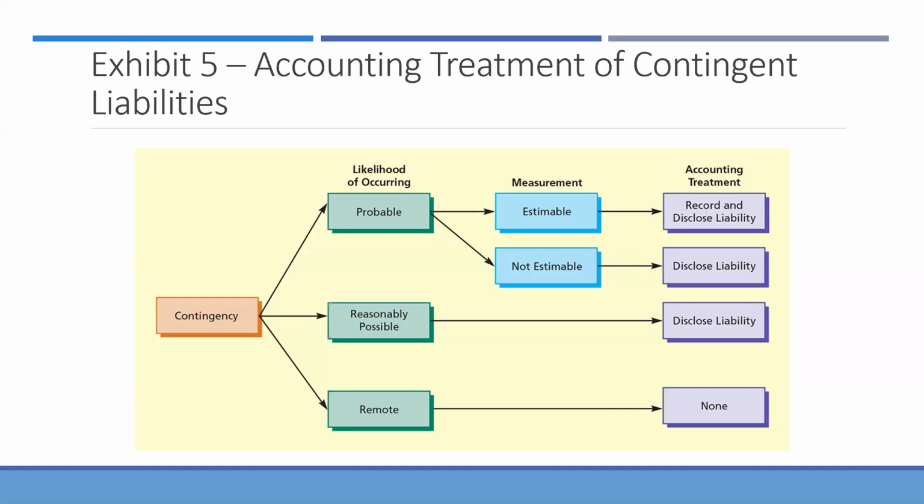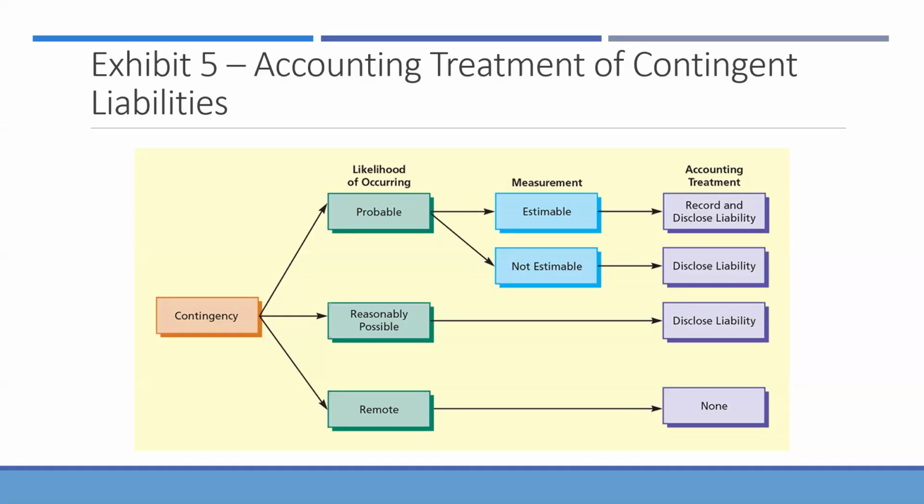But January 31st, the lawsuit gets settled or a judgment is reached by the judge. If it was reasonably possible as of December 31st, but the lawsuit actually gets a judgment on January 31st, and financials don't come out until February 28th, the contingency just went from reasonably possible to certain.